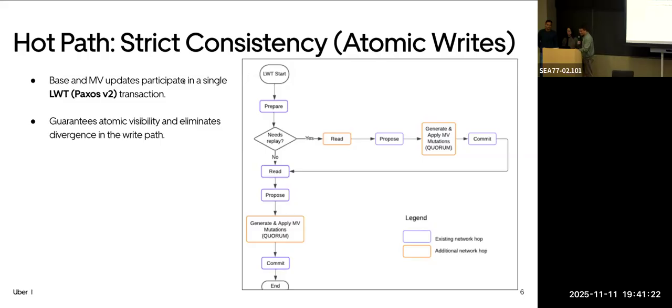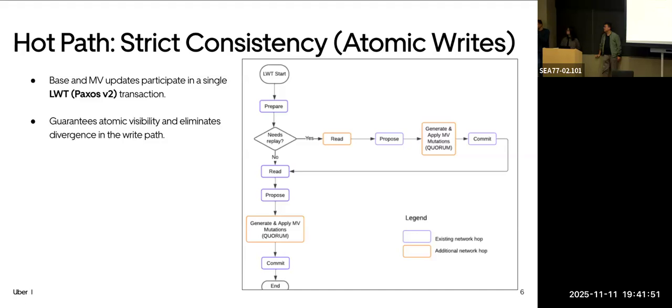What this orange square adds is that before committing the base table update, we need to make sure the MV mutation is applied. In this way, we wrap the MV update as well as the base table update in one transaction. After prepare and propose are done on the base table, before you commit to the base table, you can do the MV update.